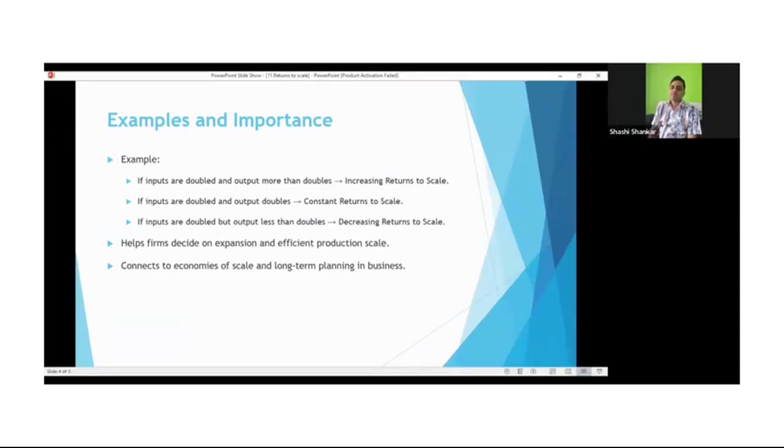Examples: if inputs are doubled and output more than doubles, that comes under increasing returns to scale. For constant returns to scale, when inputs are doubled, output also doubles in the same proportion.